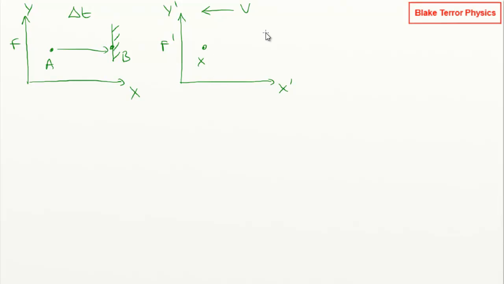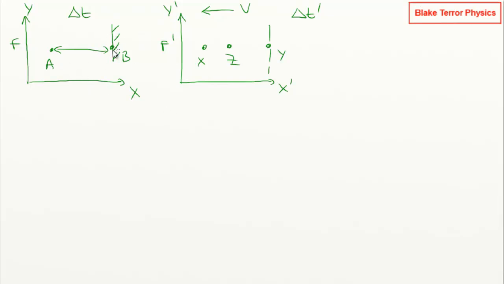When it then hits the mirror, that will then be our point y, because things would have moved, and when it returns to the source, it will return at z, because everything's moving off to the right. Right, and that's going to happen in time delta t prime. So the same sort of setup that we've got here. So we're still going from A to B.